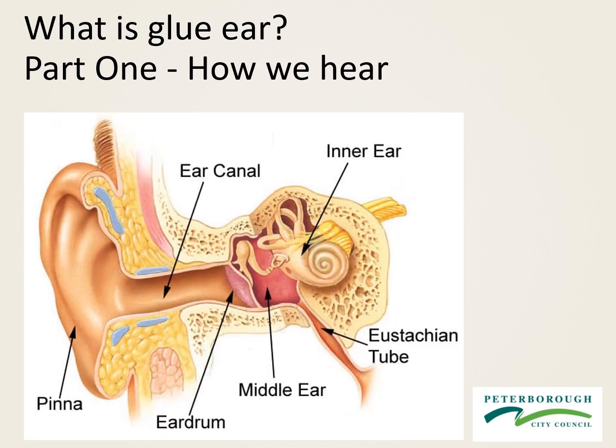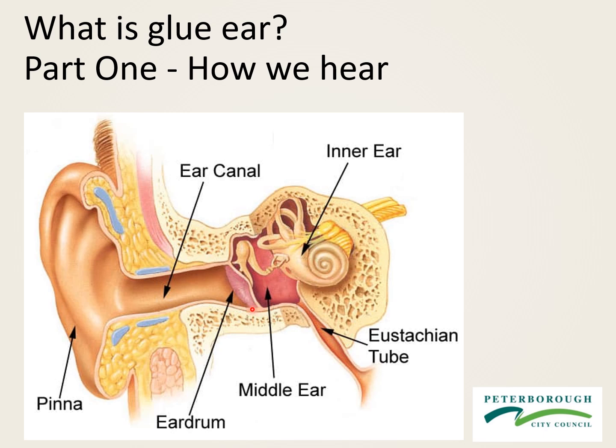In order to understand glue ear, we need to understand how the human hearing system works. Sound waves are collected by the outer ear. That includes the pinna, or the earlobe, and the ear canal, the tube that leads along to the eardrum. The eardrum is a thin piece of skin, a very thin membrane that vibrates when sound waves hit it.